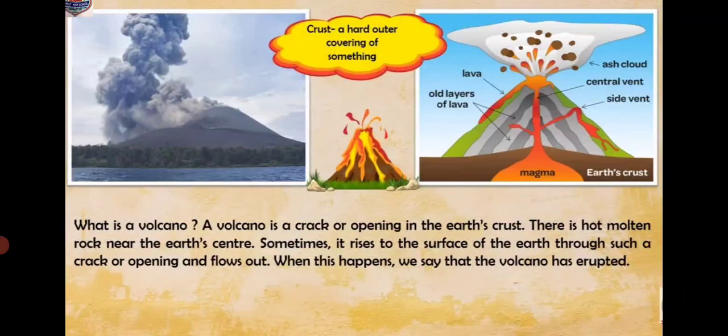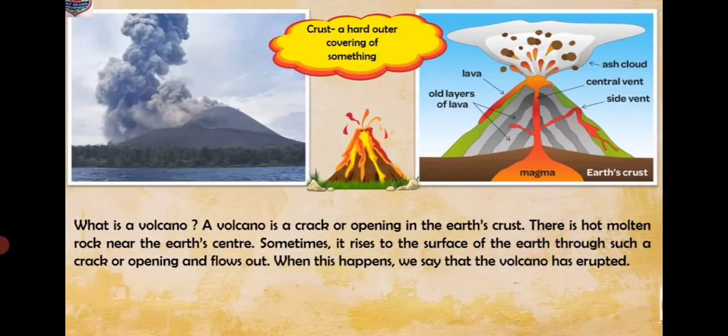There is hot molten rock near the earth's center. Sometimes it rises to the surface of the earth through such a crack or opening and flows out. When this happens, we say that the volcano has erupted.